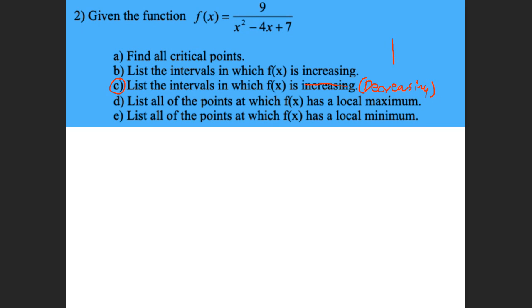That is why I put that problem on there. All right, so in this problem, same thing. We always start the same way. We are going to find the derivative and set it equal to 0.